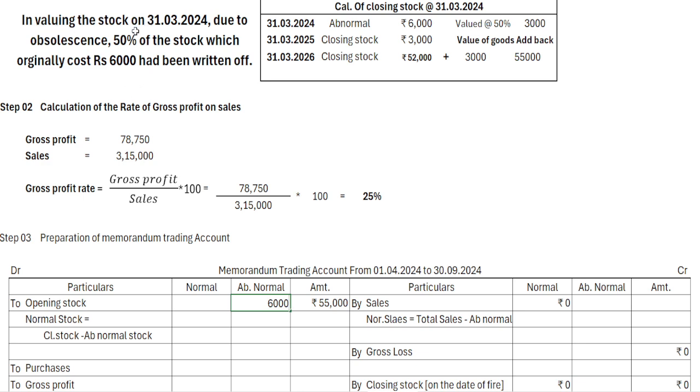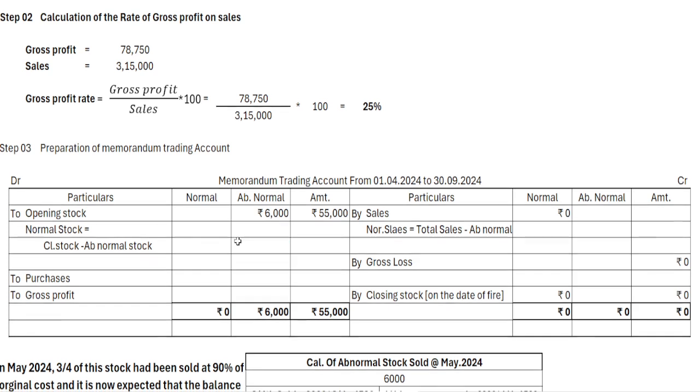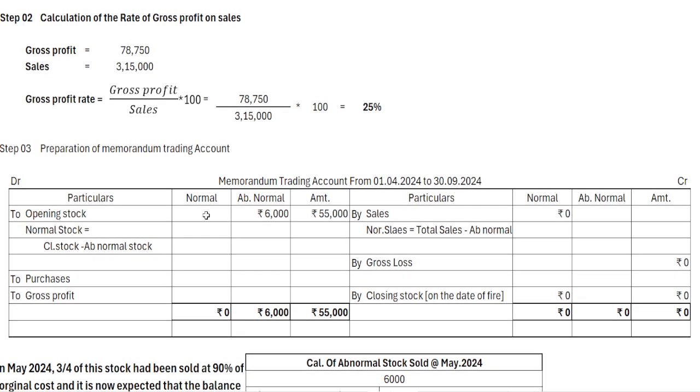Then this 6,000 is the total value of abnormal good. The same is taken here. Then normal good is equal to total closing stock minus abnormal stock.